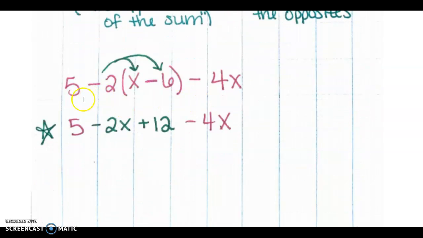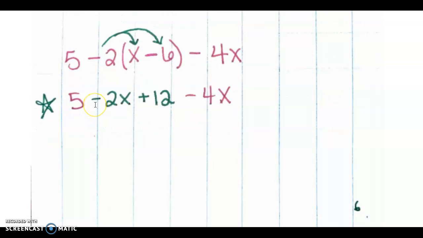Okay, careful here, careful here. This is the number one mistake that people make with the distributive property, dealing with the 5 here. So you have 5 minus 2 times the quantity x minus 6 minus 4x.